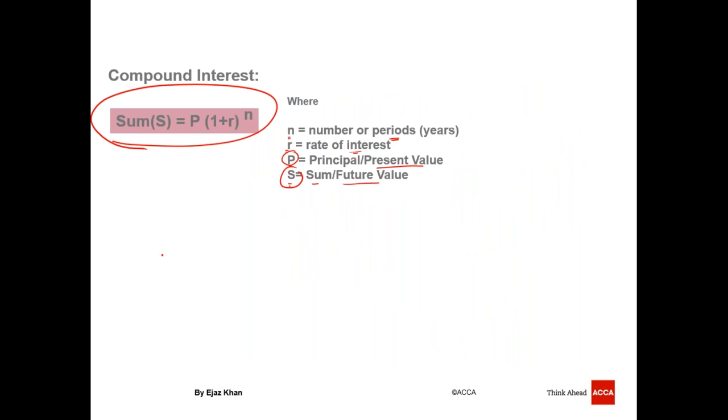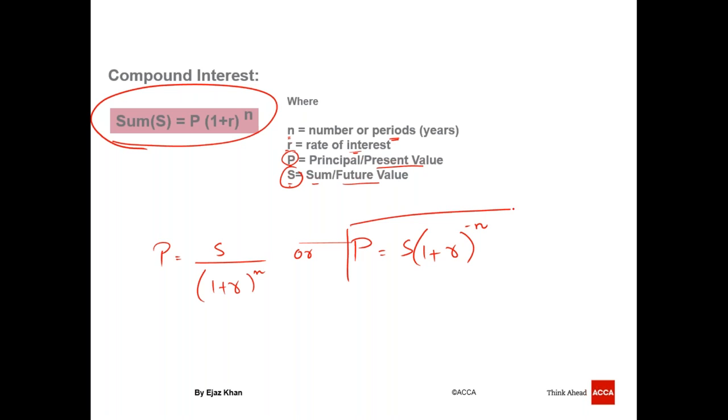So P is equal to S divided by (1 plus R) raised to the power N, or it can be P is equal to S into (1 plus R) raised to the power minus N. So we can use this formula as well for calculating the value of P, that is the present value.